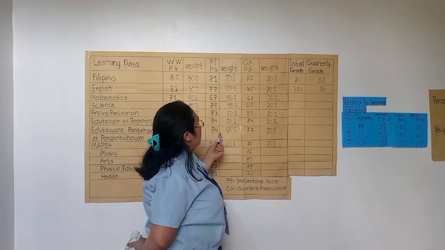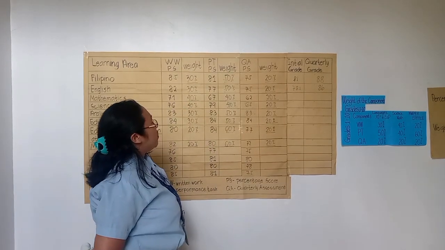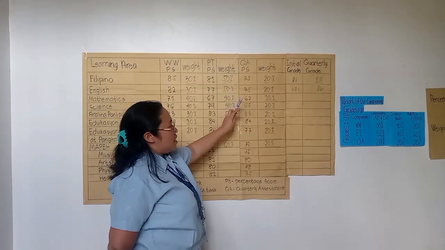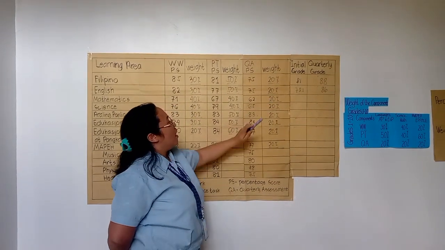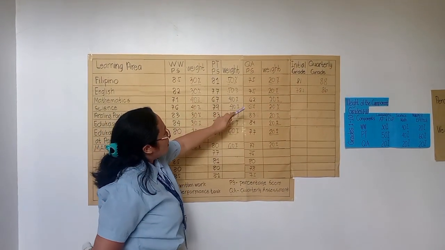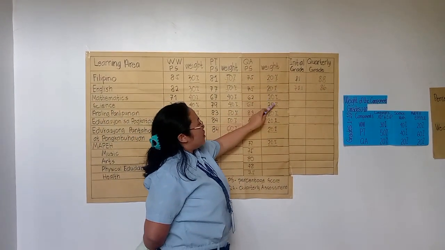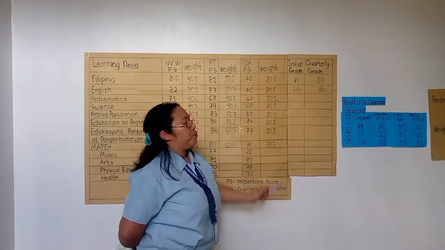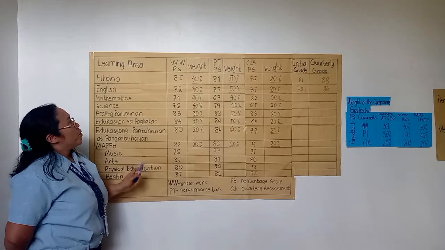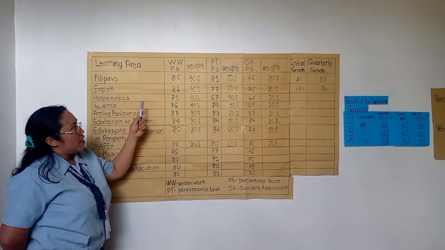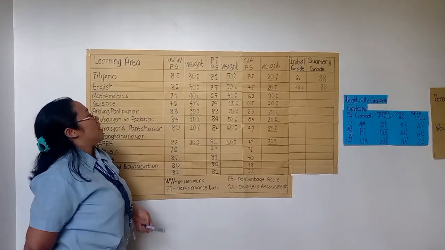And for quarterly assessment, the percentage score is 62 and the weight of component is 20%. So 62 times 20% is equal to 12.4. So in order to get the initial grade, we have to add written work, performance task, and quarterly assessment.